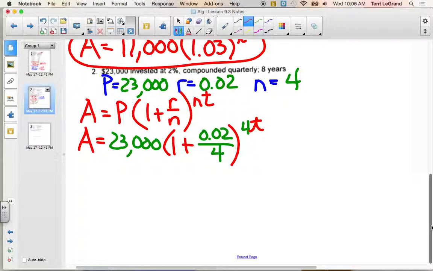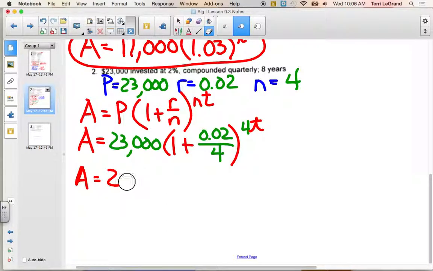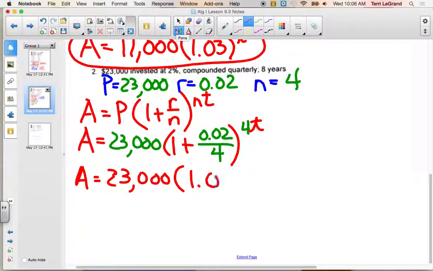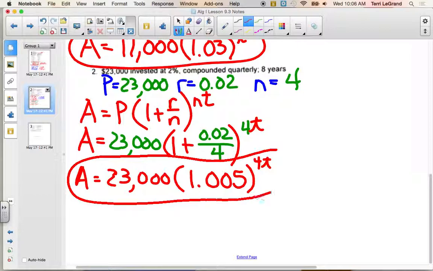So we're going to have A equals 23,000 times 1.005. Can we clean up 4t? No, leave it 4t. There's our model for this situation. It can be used for any given number of years.